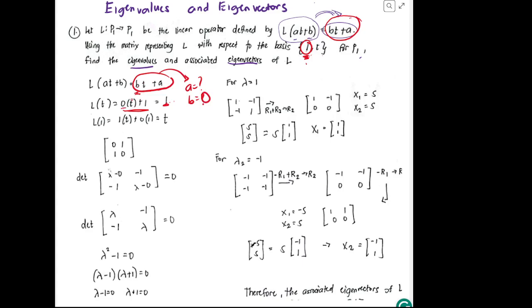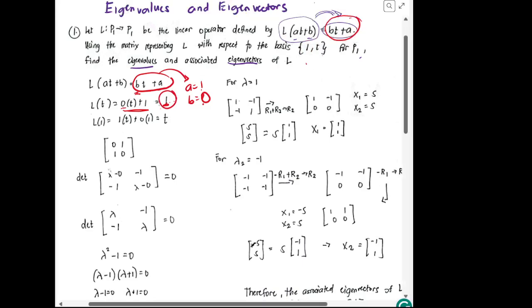So that 0 times t is 0. There is no t to equal here. And a should be 1, so that this operator defined by bt plus a, which is bt plus 1, will equal 1, as our basis.